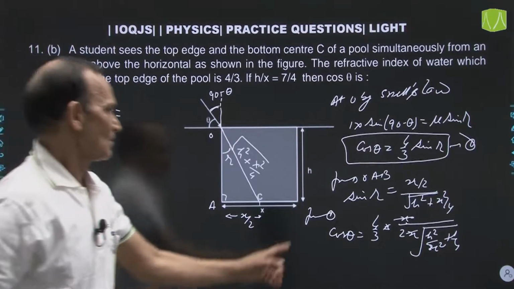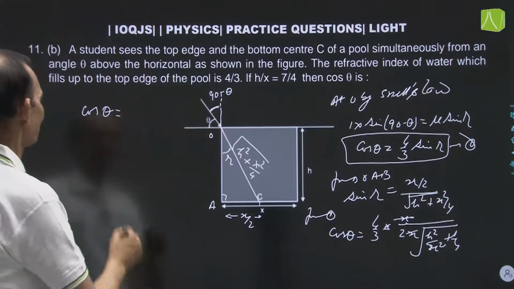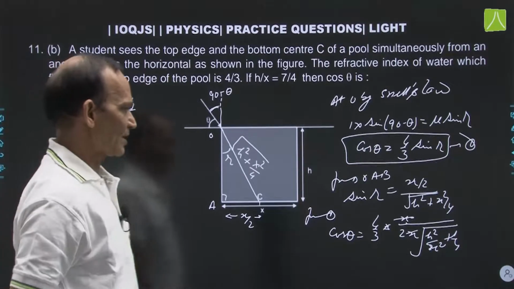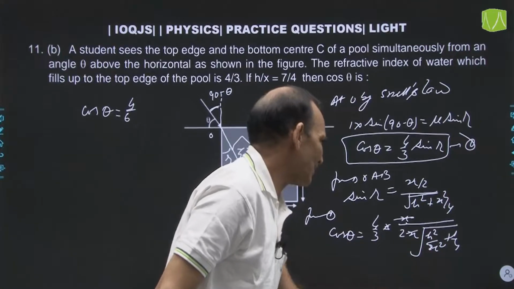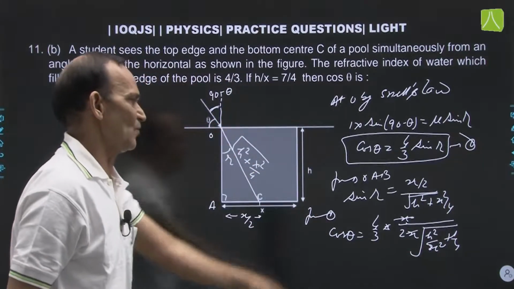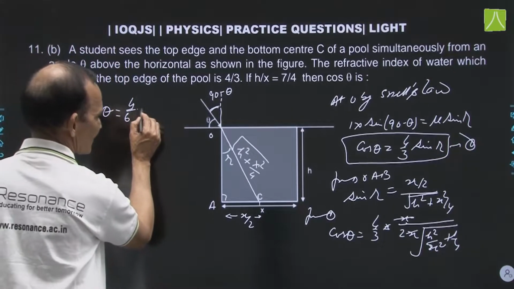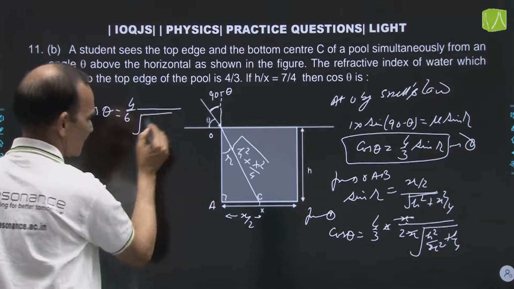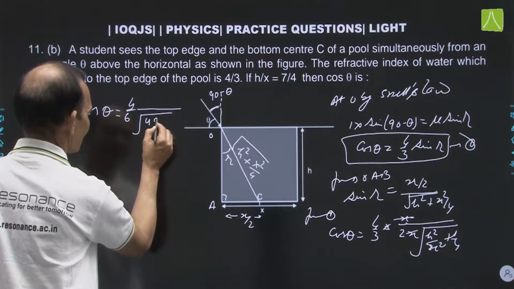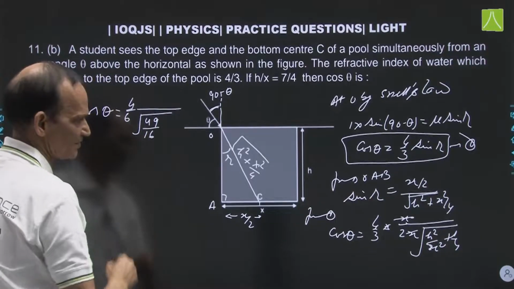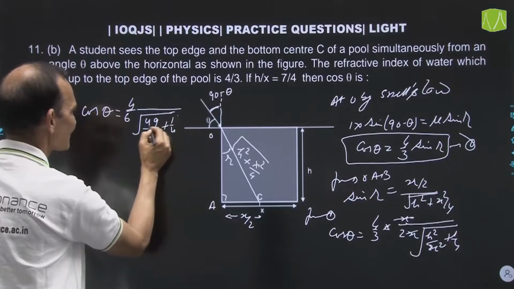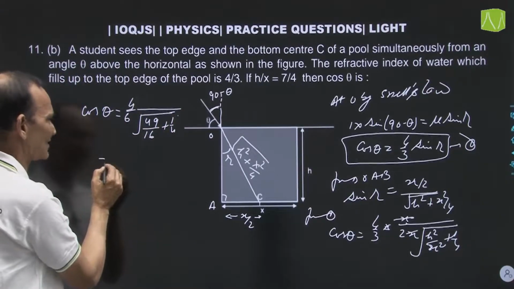It is 4 by 6 into h square upon x square, which is given as 7 by 4. So we can also write here the square root of 7 square, means 49 by 16, plus 1 by 4. We can write it. Is it clear? Now solve it and find the answer.